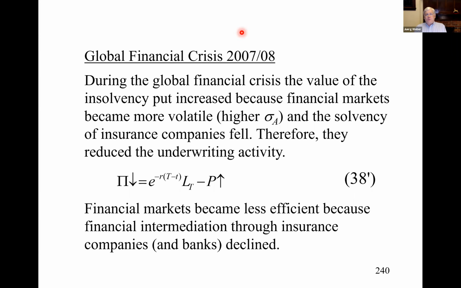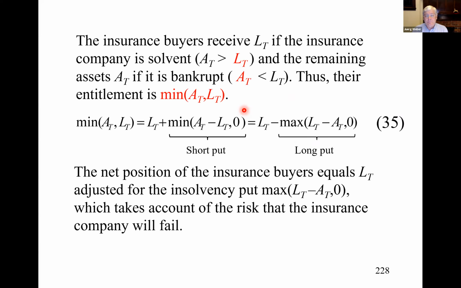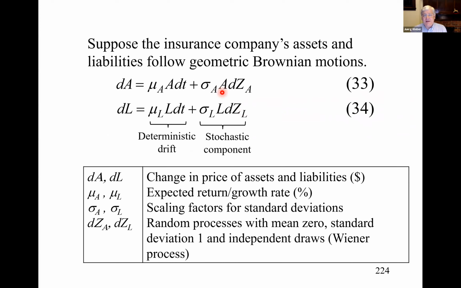Now, during the global financial crisis, financial markets became more volatile, so the sigma A increased. Remember what the sigma A is. Here, it's actually a scaling factor for the standard deviation of the stochastic process of the assets.